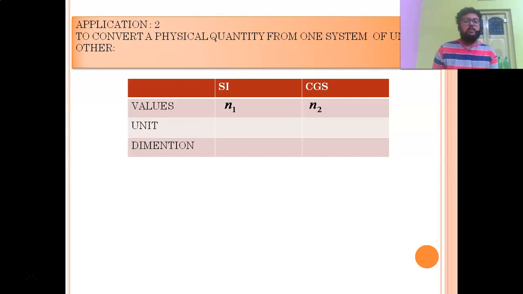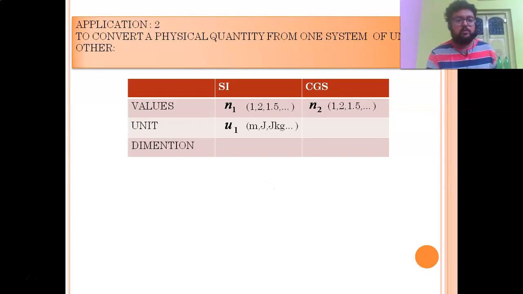Now the value means like 1.2, 1, 2, etc. Let their units in the corresponding unit systems be U1 and U2. The unit means like meter, joule, kg in the SI system and centimeter, gram, erg in the CGS system.